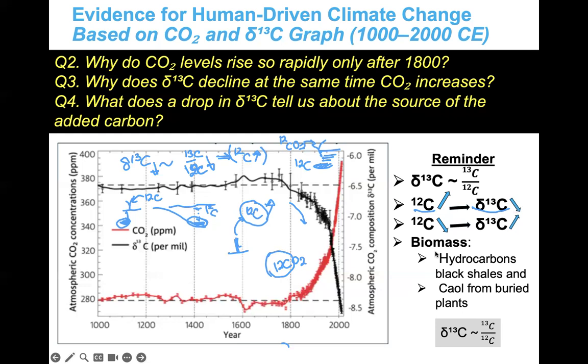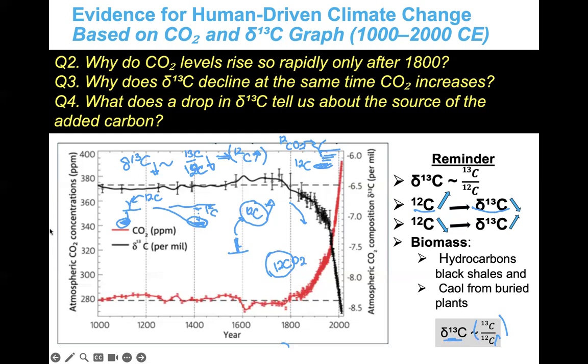Okay? So the biomass, which is hydrocarbon in black shale and coal from buried plants, has higher C12, which means lower delta 13C. And that's why they start to get lower, because you're releasing C12 in the air, causing the air to become rich in C12 and causing delta 13C to drop.